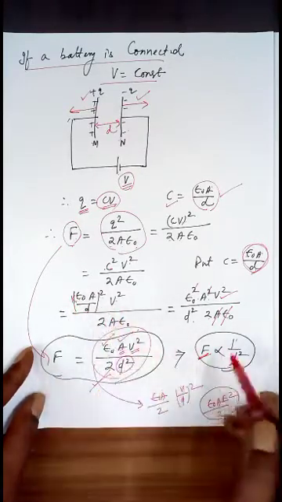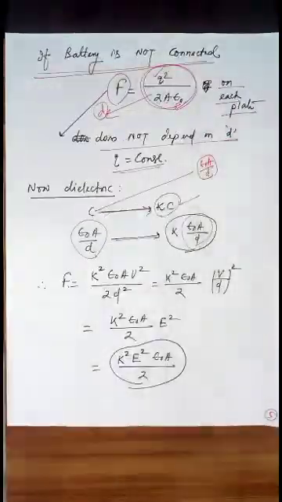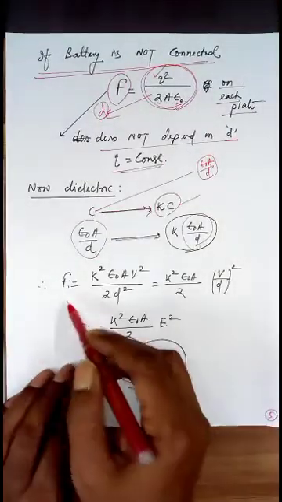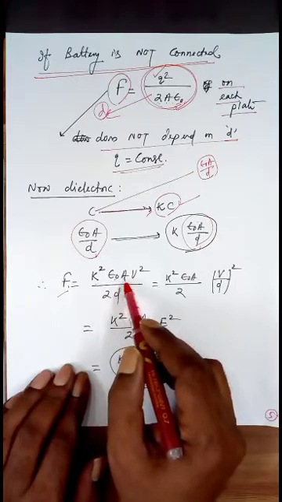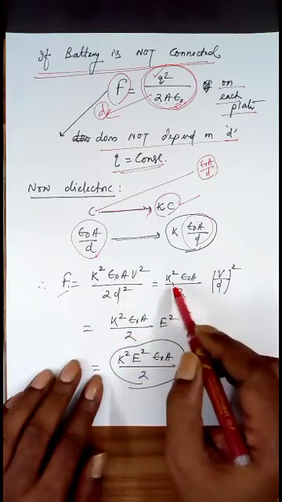So a new term K square will be introduced for a dielectric. So your F becomes K square epsilon naught A V square over 2D square.